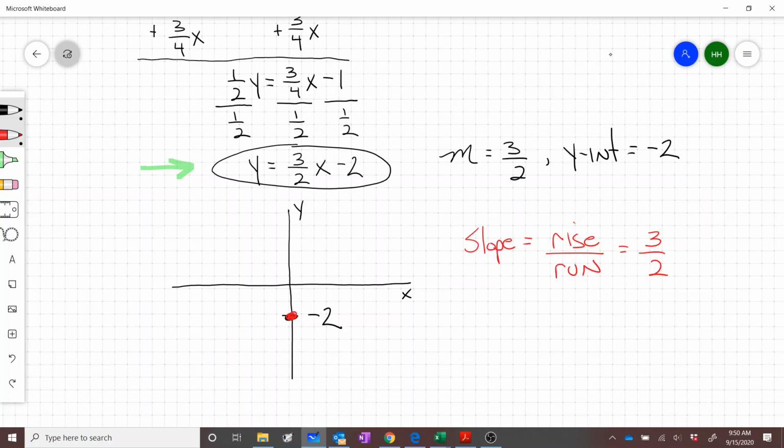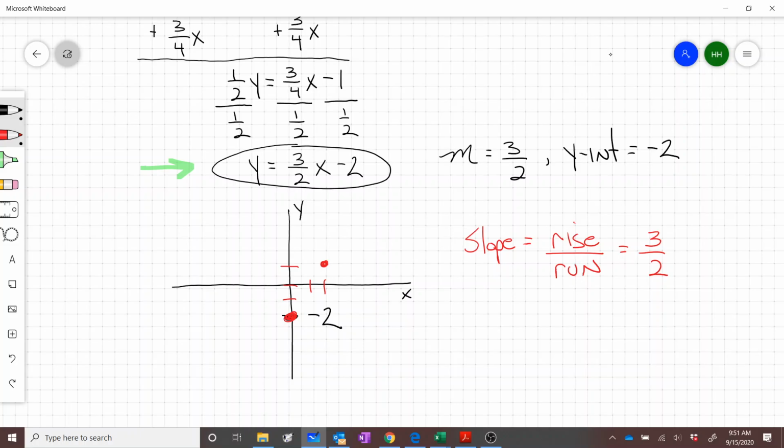So from -2, where the line hits the y-axis, you can rise 3, which is 1, 2, 3 units, and then you can run 2 units. Since the slope is positive, we're going to run to the right, 1, 2 units. So here's our second point.